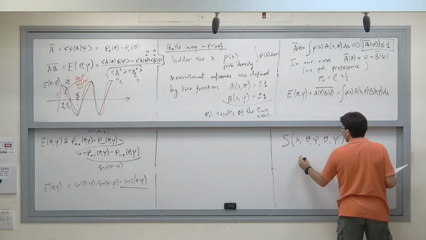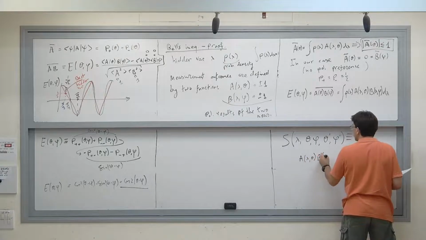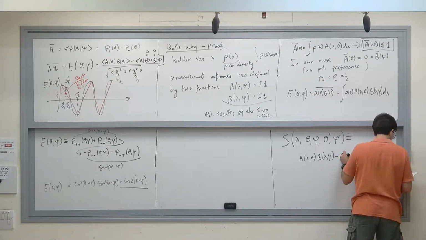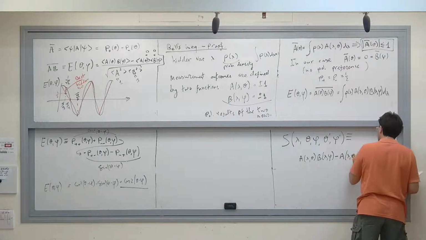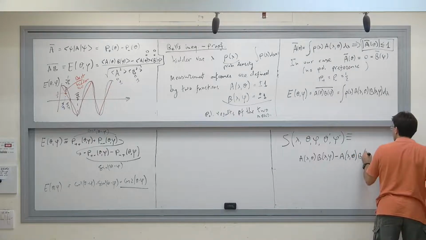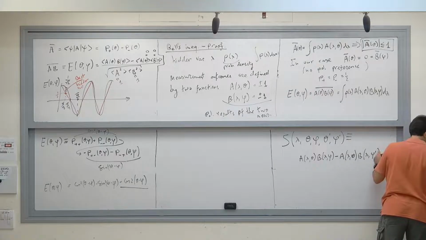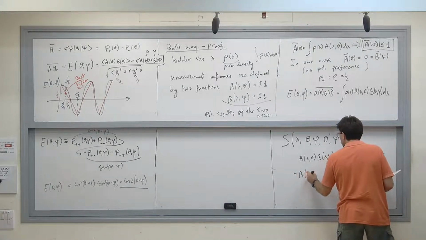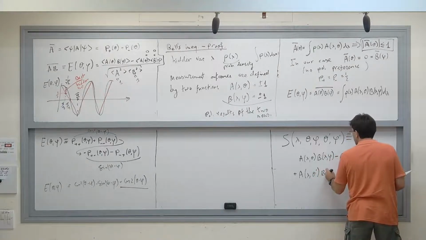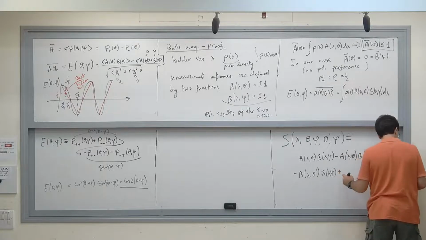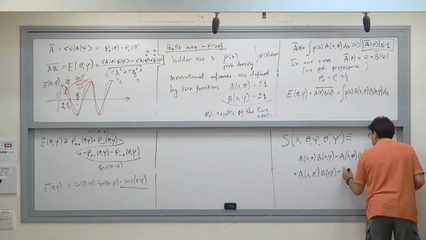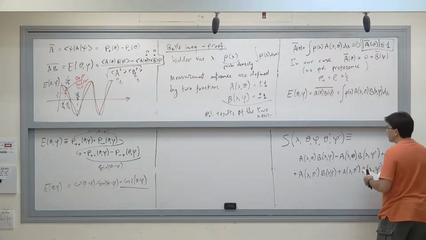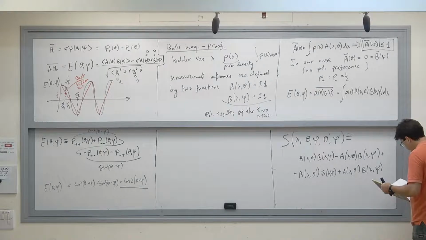So this will be defined as A of lambda and theta times B of lambda and phi, plus, minus A of lambda and theta times B of lambda and phi prime, plus A of lambda and theta prime times B of lambda and phi, plus, not, A of lambda and theta prime, B of lambda and phi.